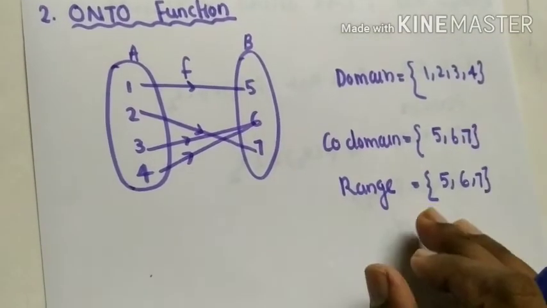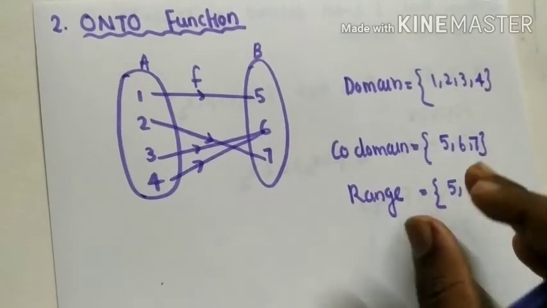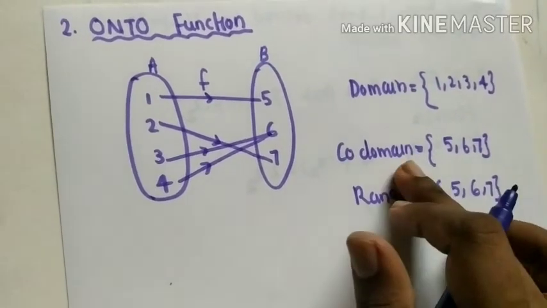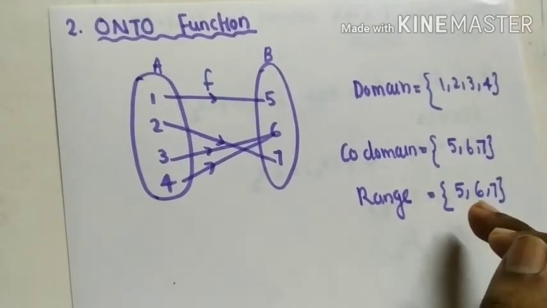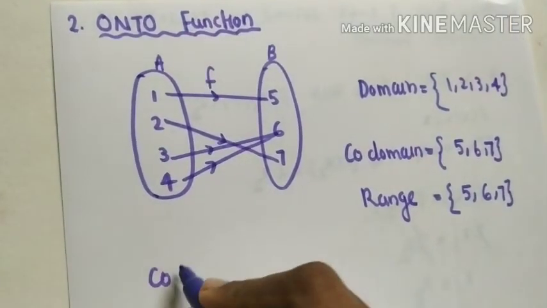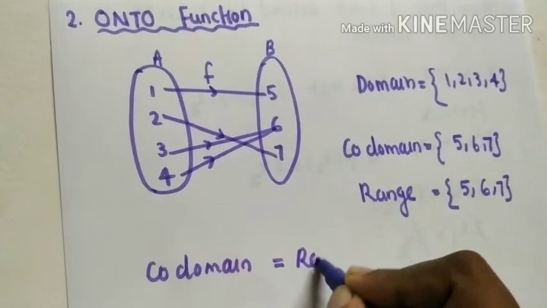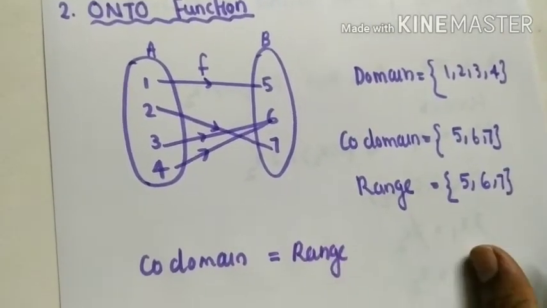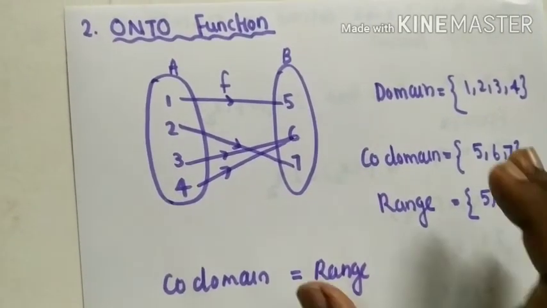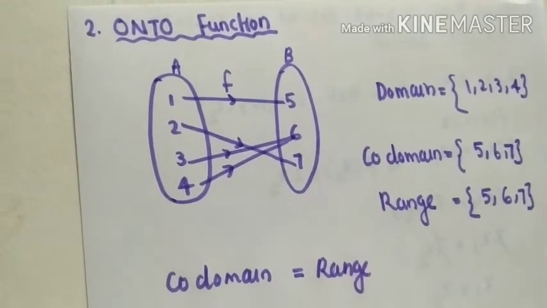From this we can see that the codomain of function f is equal to the range of function f. These functions are known as onto functions.